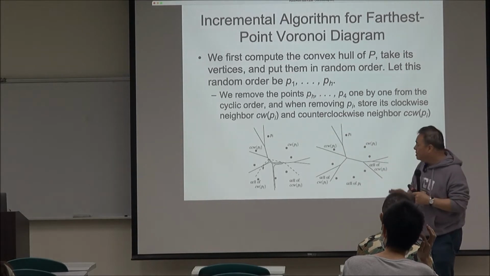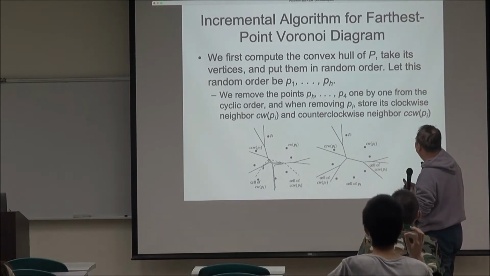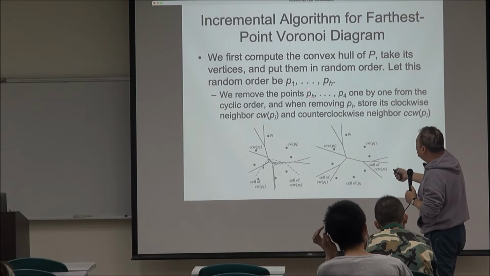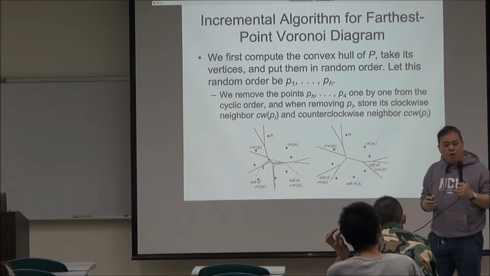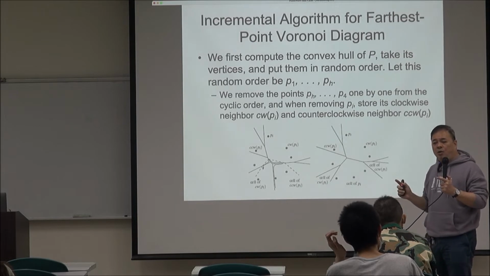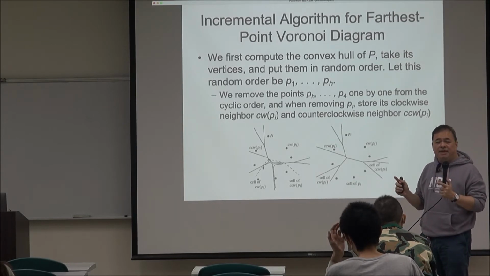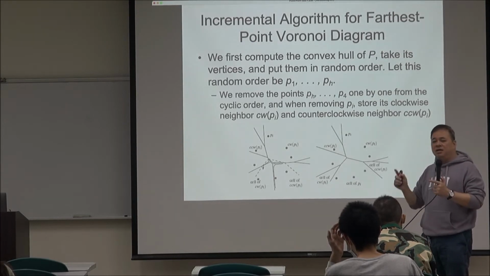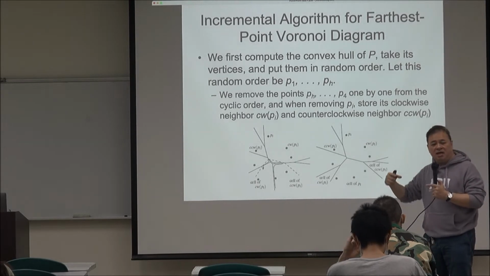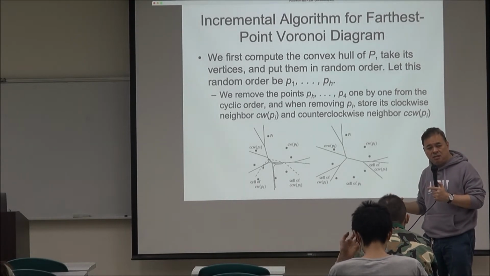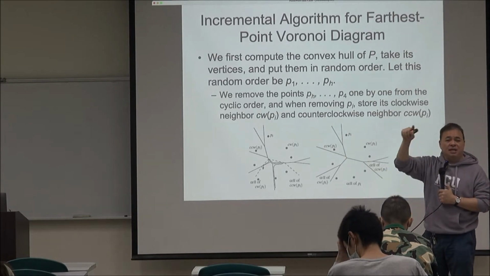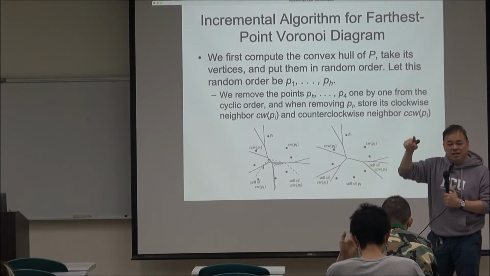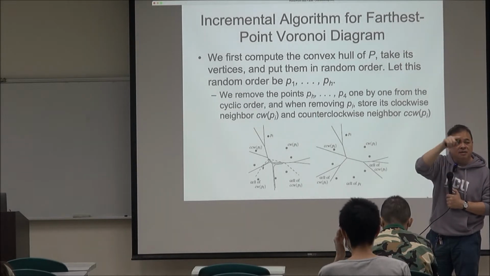So every time we remove a point, of course, before you remove PH, you remember which two sides are your clockwise and counterclockwise neighbors. In the Voronoi diagram, remember, sides have a certain order, right?